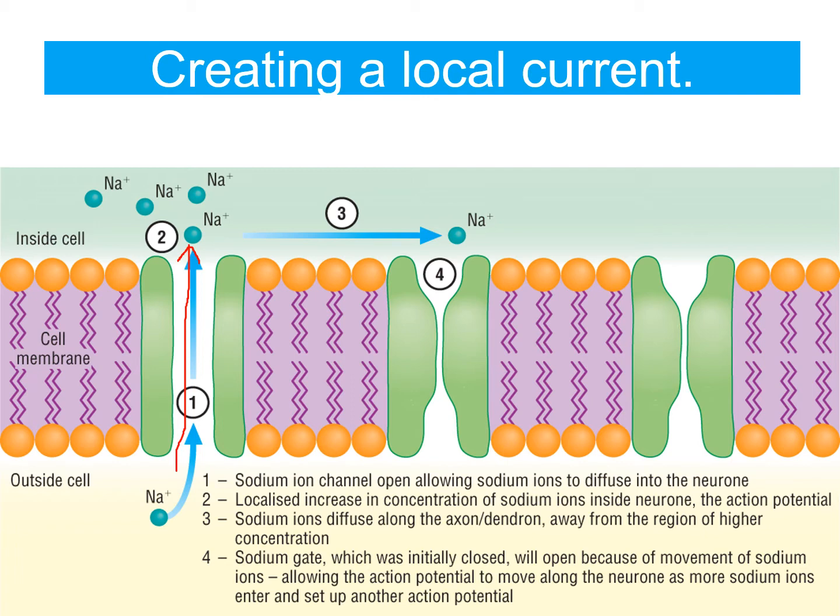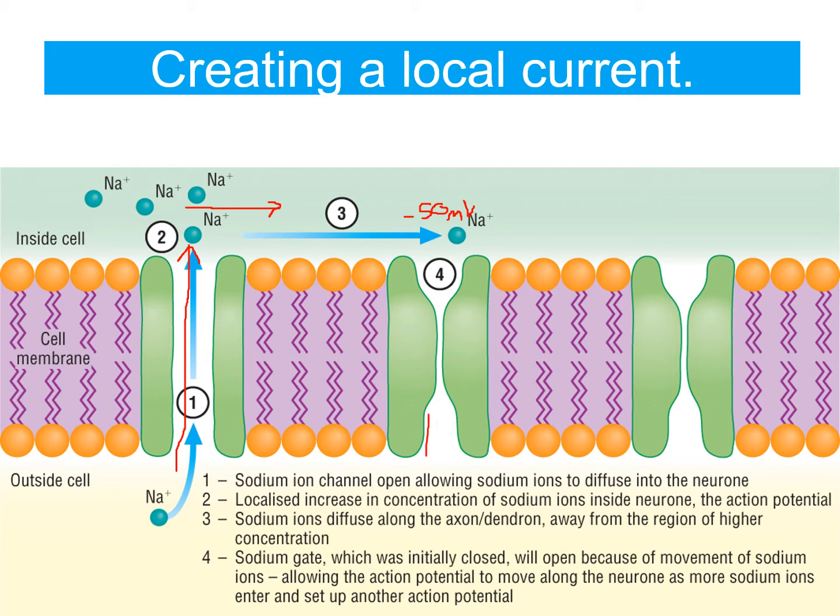Now, the sodium ions will then increase in that area, and they will naturally diffuse along the axon inside of the cell. When they do, they increase the charge from -60 up to potentially -50 millivolts, and that would cause the sodium channel below the one I'm pointing to here to open as well, because the charge has changed.